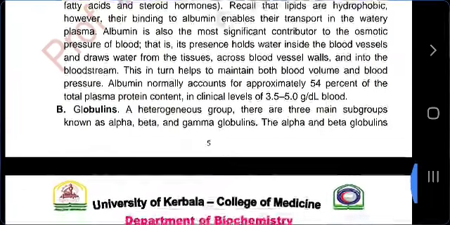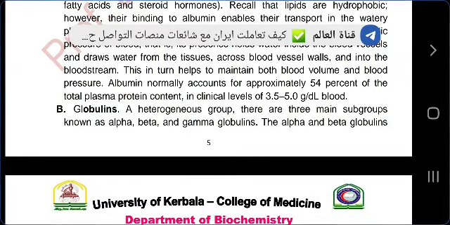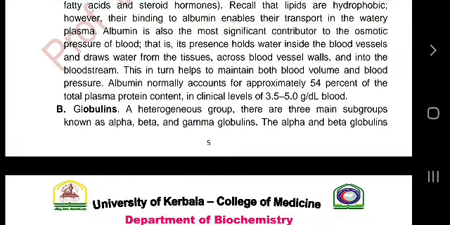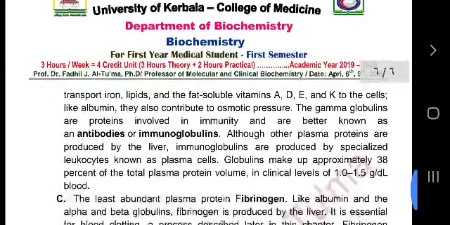The other type is the globulin. Globulins are heterogeneous groups with three main subgroups known as alpha, beta, and gamma globulins. The alpha and beta globulins transport iron, lipid, and fat soluble vitamins, vitamin A, vitamin D, vitamin E, and vitamin K to the cells, like albumin.